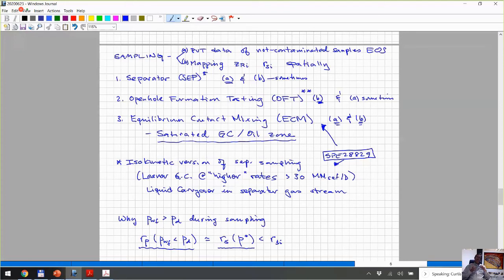So what you can do, you don't go towards the 0 contamination, but you go from 6 to 10 to 15 to 20. In other words, you tell the lab to create 3 new contaminated samples, starting with the first one, and then you map dew point, or whatever property you want to look at, versus level of contamination, and back extrapolate to 0. That you can do.